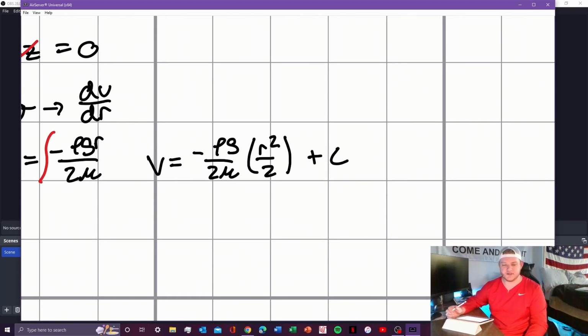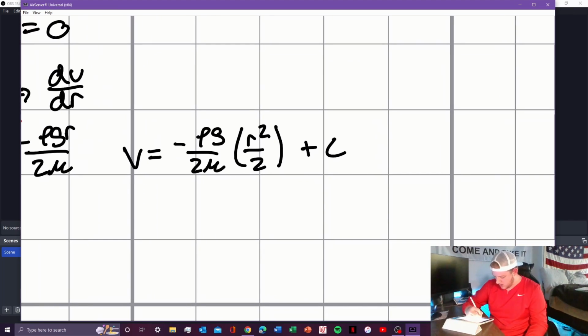Now we have the c value and we have to solve for it. We know that when r is equal to big R, v is equal to 0.